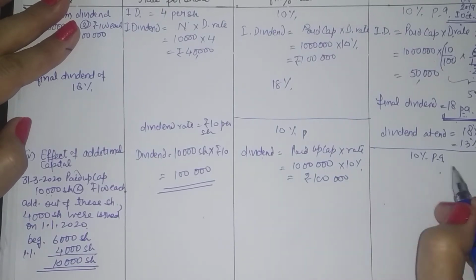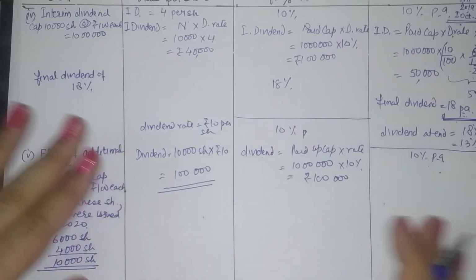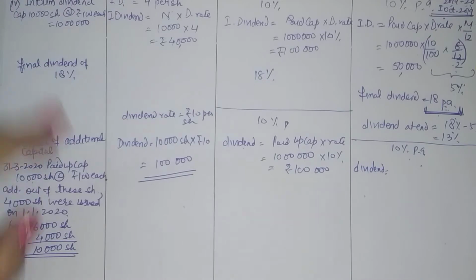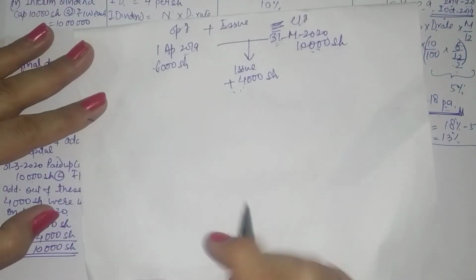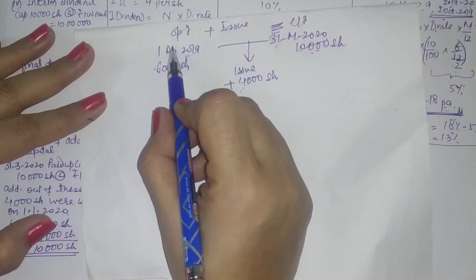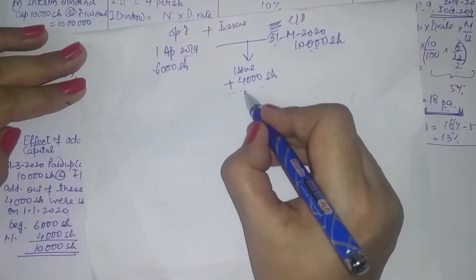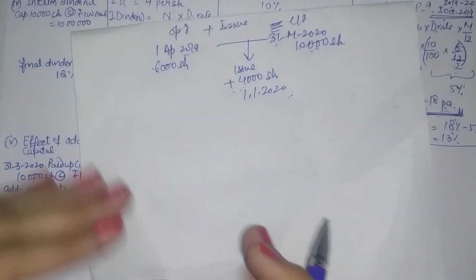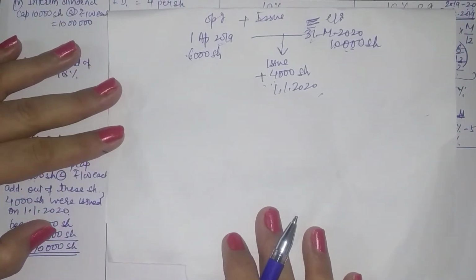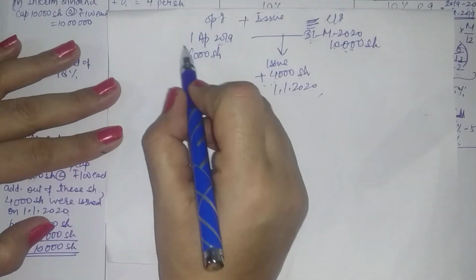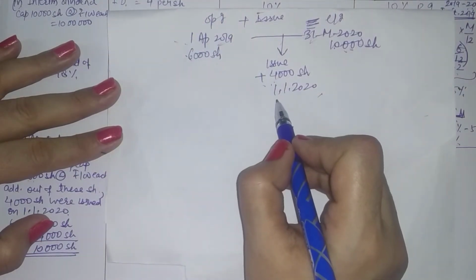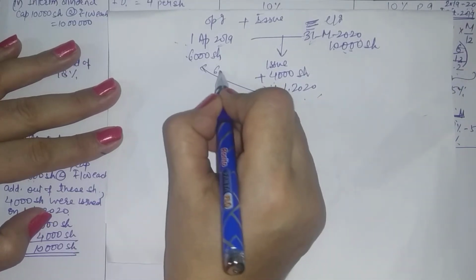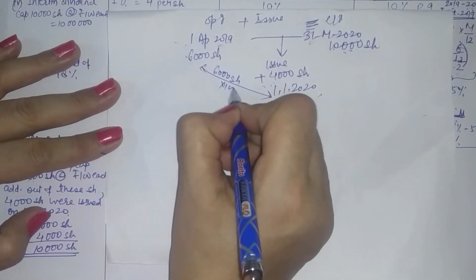Now herein, when the rate is per annum, things are going to be different. So how will we calculate dividend? Just see on the timeline, you have 6,000 shares in the beginning of the year. Then you issued these shares on 1st January 2020. So we can work out the calculation in two manners. Either we can say that from 1st April to 1st January 2020, we had how many shares? We had 6,000 shares of 100 rupees each.